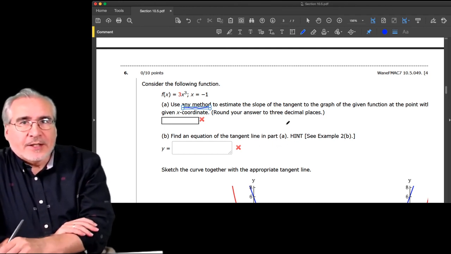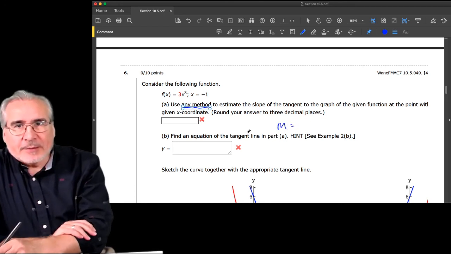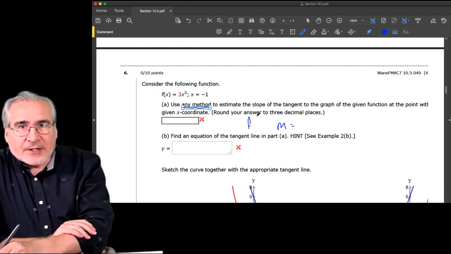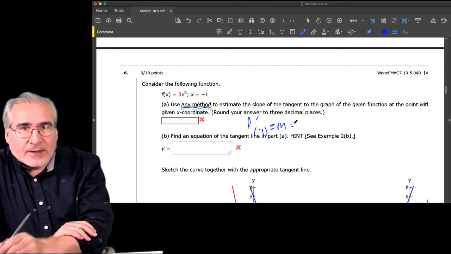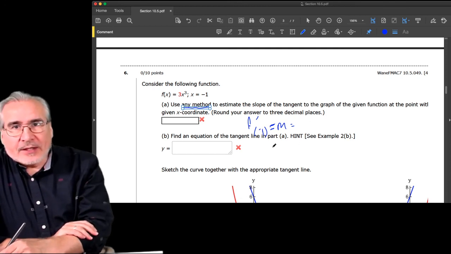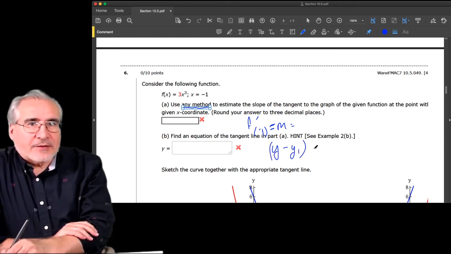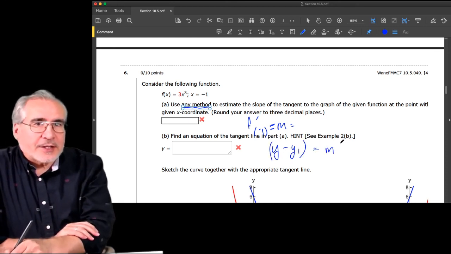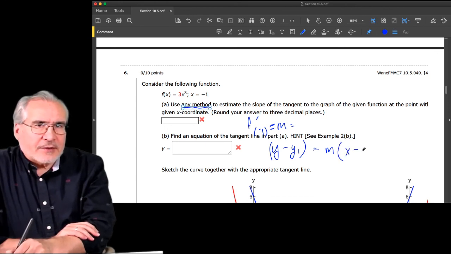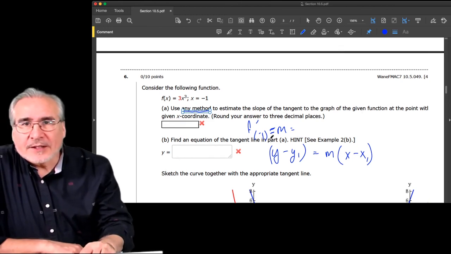Otherwise, the slope that you came up with here, the derivative, remember the derivative of any function at that point is the slope of the tangent line. Okay, so you would take that slope and you could use y minus y1, I think this is the point slope formula from algebra, equals m times x minus x1. Plug it in, you'll get your equation, or use the graphing calculator.